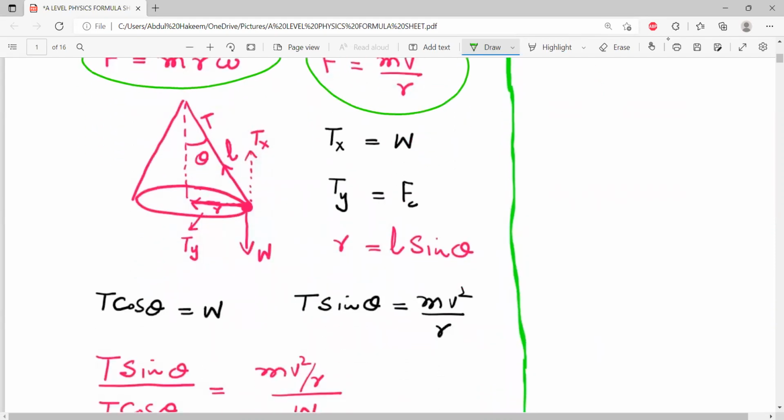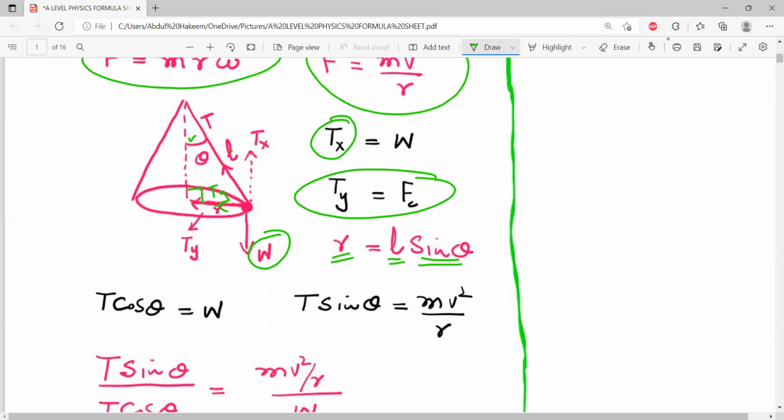And next, in a conical pendulum, if the angle at the top is given, this is the angular displacement theta, and this radius is the linear displacement. Then when the tension is resolved, its x component is equal to the weight, and its y component, which is acting toward the center of the circle, is providing the centripetal force. The length of the pendulum multiplied by sine theta is equal to the radius, because in this triangle, perpendicular over hypotenuse is equal to sine theta.